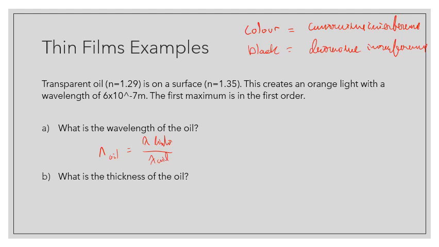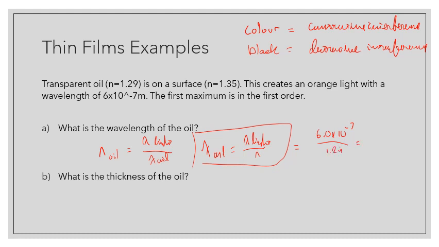So if we do some quick algebra to figure out, the lambda of the oil is equal to lambda of light over N. So if we sub this in, lambda of light is 6 × 10⁻⁷ over N, which is 1.29. This comes out to be 4.65 × 10⁻⁷ meters. So that's the wavelength within the oil.